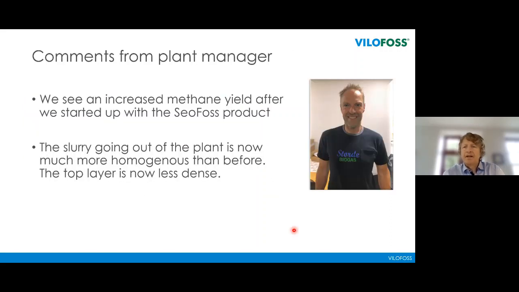Here we have a picture of the plant manager, and he said he was able to see the higher methane yield in his production system after he started up with Seofoss. He also observed that it was easier to transport the slurry around, and it was more homogeneous. He also observed that the top layer of the outgoing slurry was now less dense.